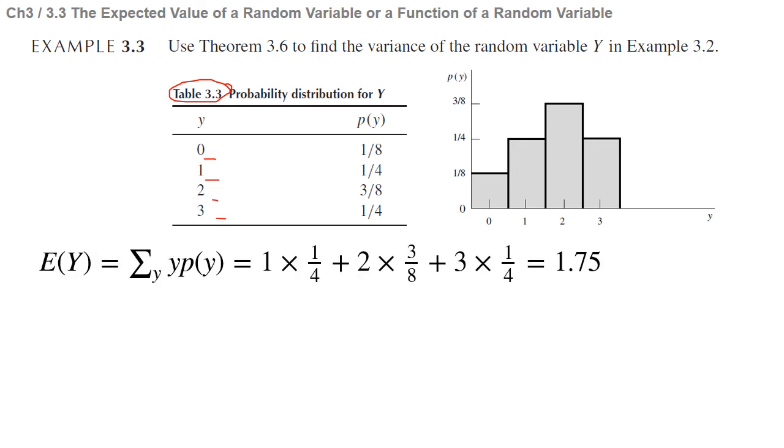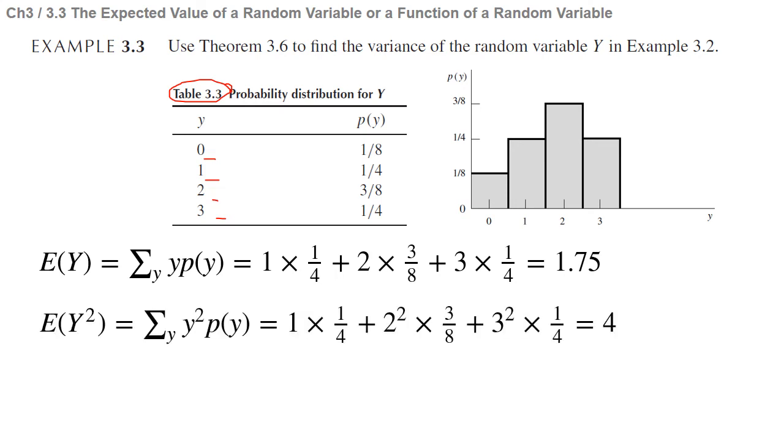First, we calculate the expected value of Y, which is 1.75, and also we calculate the expected value of Y squared. After the calculation, we can see that the result is 4.